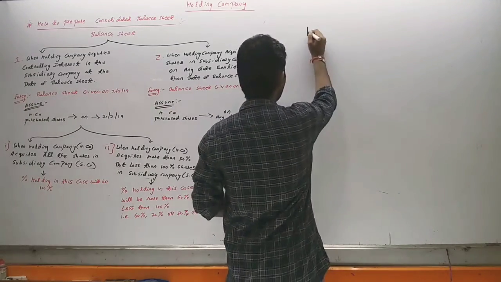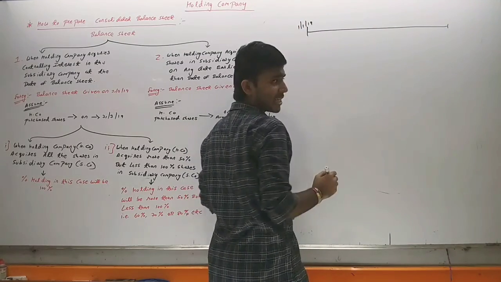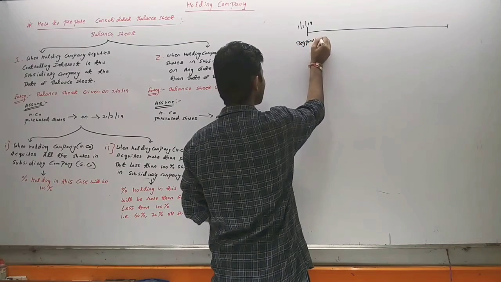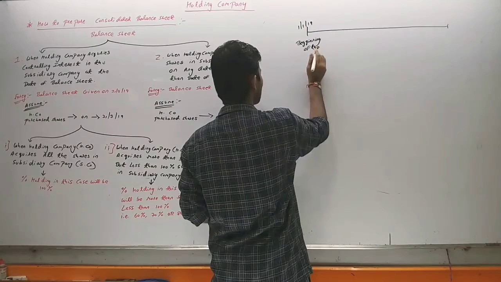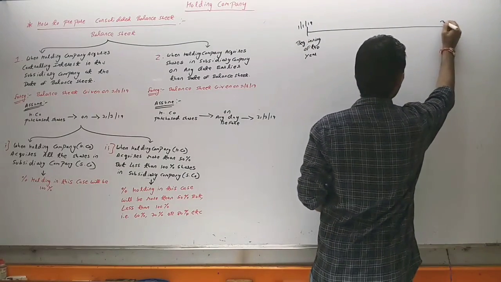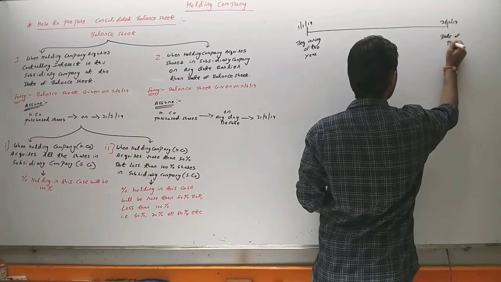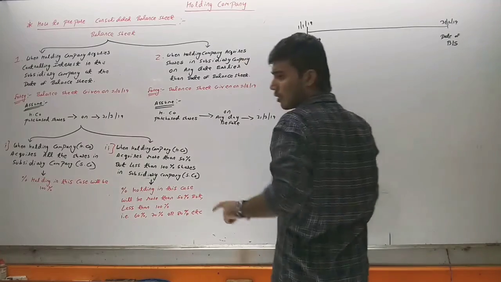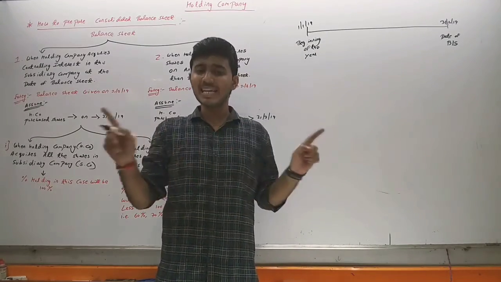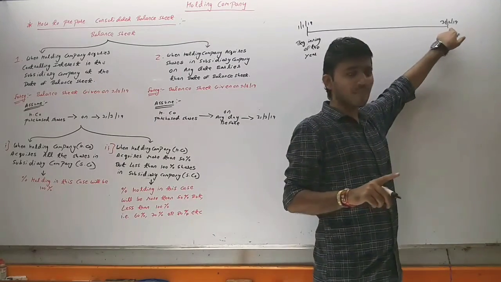What was the first case? Again I will draw a timeline. Assume the first day was 1st January 2019, beginning of the year, or we can say start of the year. And 31st December 2019, date of balance sheet. I had told you earlier also that the holding company can purchase the shares of the subsidiary company on any day, whether at the beginning of the year or in between or at the date of balance sheet.